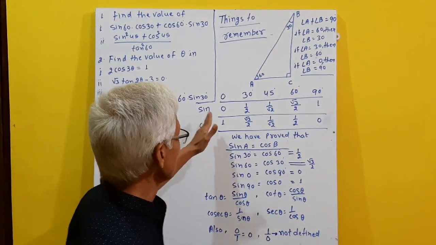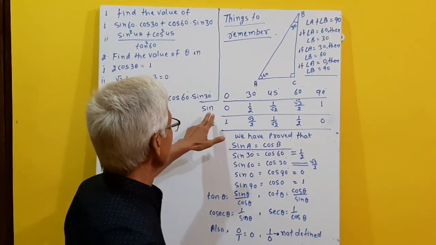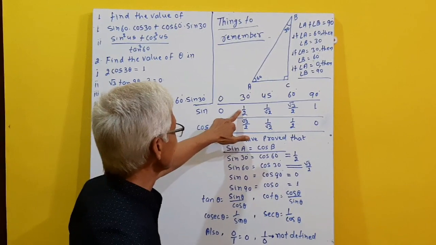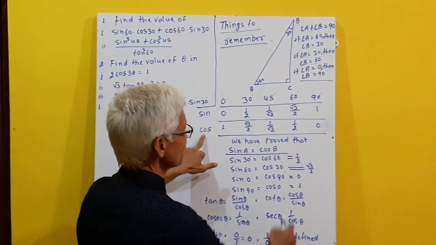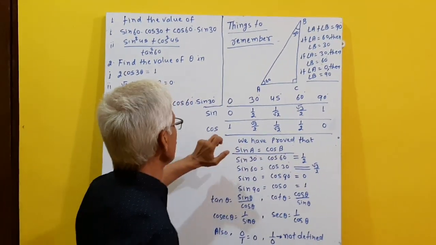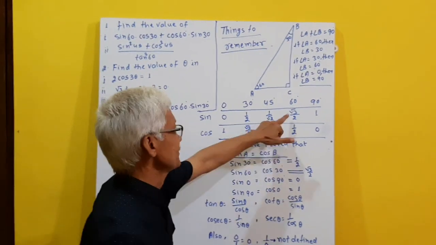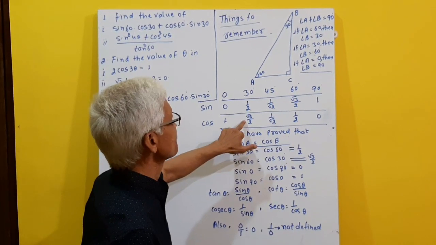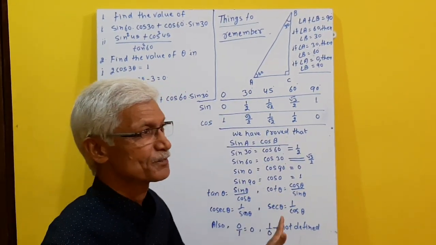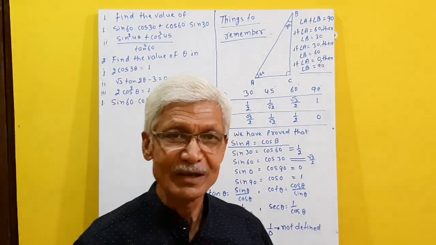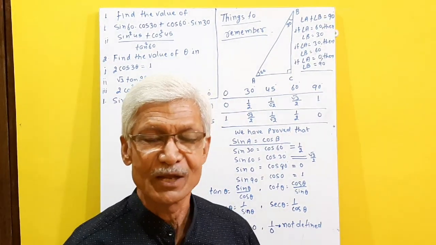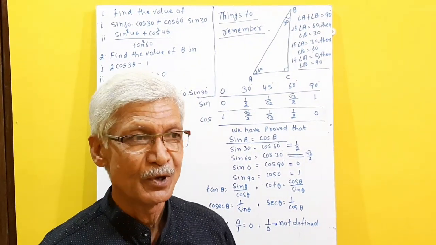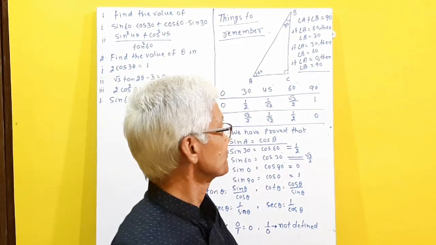You may see that the value of sin 30 is equal to the value of cos 60. Similarly, the value of sin 60 is equal to the value of cos 30. So how are they related? If you understand this, it will be easy for you to remember these values.